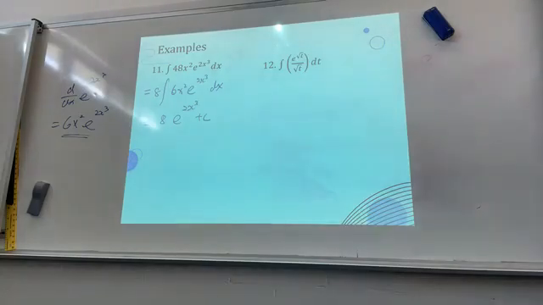So the first thing you should do is add 1 to the power, and then from there you can reverse engineer it.